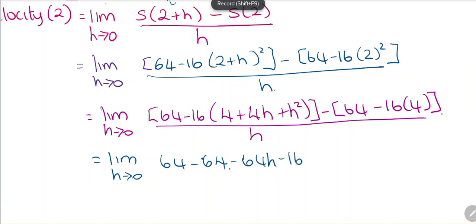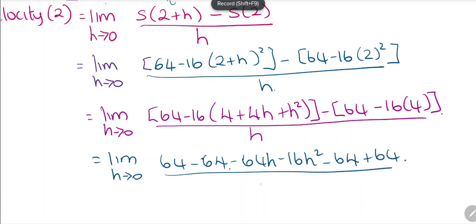Minus 16h squared, minus 64 plus 64, divided by h. So this will cancel, this will cancel. So we're just left with minus 64h minus 16h squared.